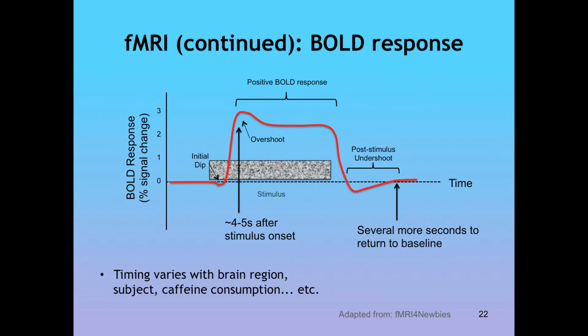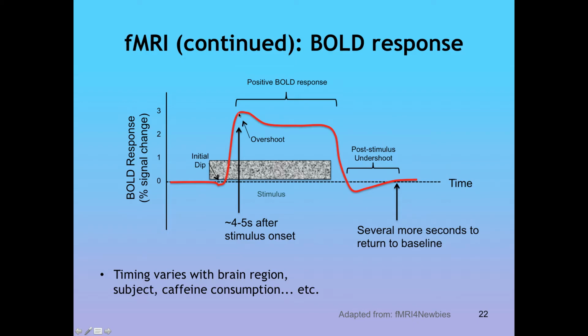So here's a general overview of this hemodynamic or BOLD response that we get with fMRI. On the x-axis, we have time. On the y-axis, we have this BOLD response that we're measuring. So the first rise, let's say this box here is your stimulus, can be thought of as the onset of the processing of the stimulus.